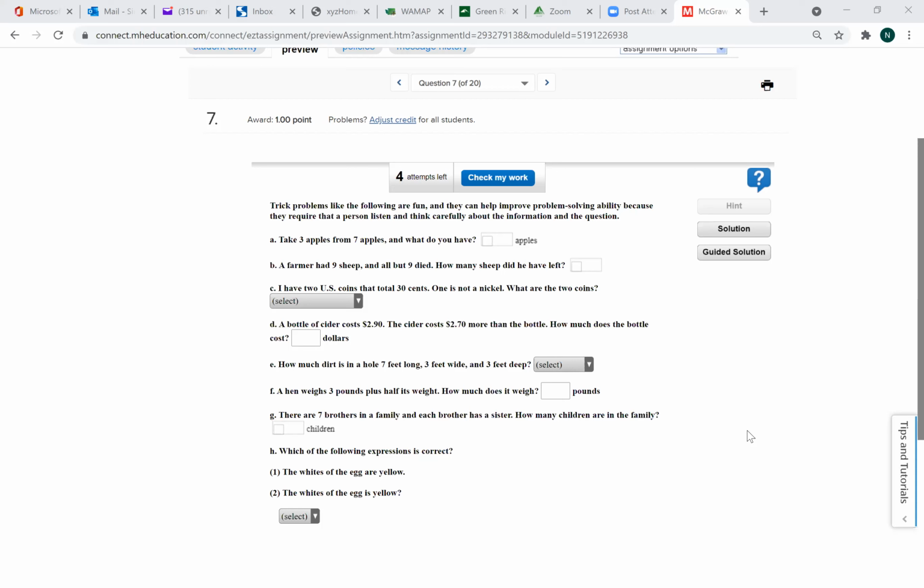Now I've pulled it up again in this preview and I've got $2.90 and $2.70, right? So my numbers will not always match your numbers. And here I have 7 brothers. And before I had 9 brothers. And here I have 3 pounds. And before I had 2 pounds. So my numbers are probably never going to match yours, or they might match one of yours in the whole group of the class, right?